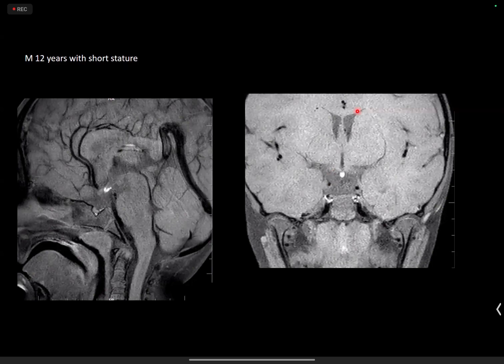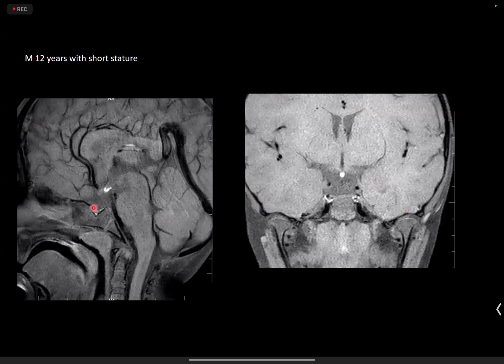What are the other findings that you are seeing? Ma'am, the pituitary infundibulum is not seen dipping into the sellar region.